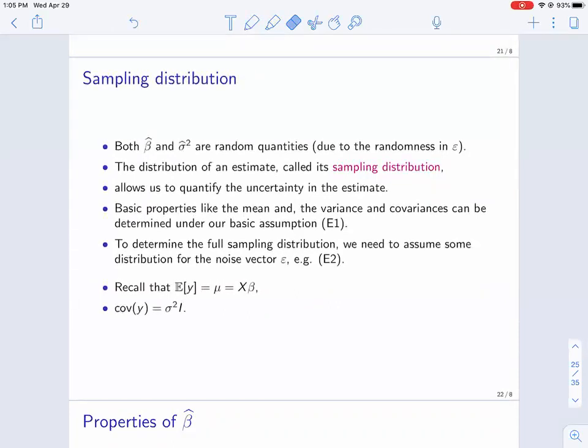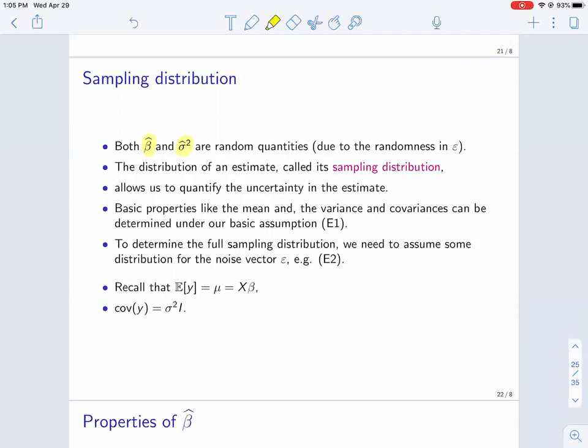Okay, so we have computed these estimates. These are random quantities due to the randomness in the noise, epsilon. And we would like to understand the statistical properties of these. So the distribution of these estimates is called the sampling distribution.